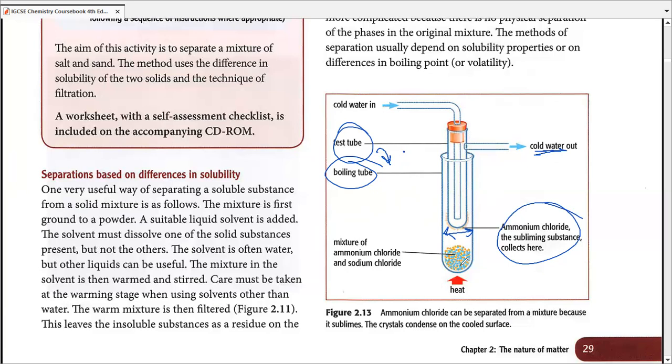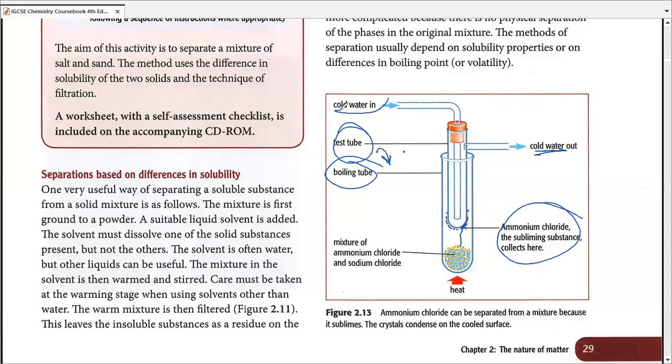We have the mixture of ammonium and sodium chloride present at the bottom, which we keep heating. Ammonium chloride sublimes. After it sublimes, the gas particles rise up, and after they rise up, they actually stick to this test tube over here. As you can see the dots over here, this is the compound that sublimed. Why did the compound sublime and convert back from gas to solid and stick over here?